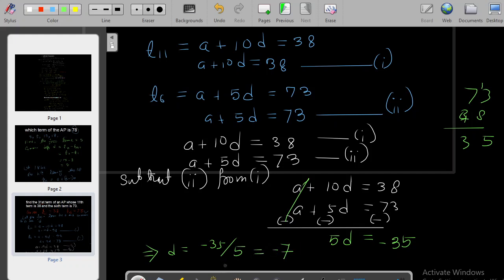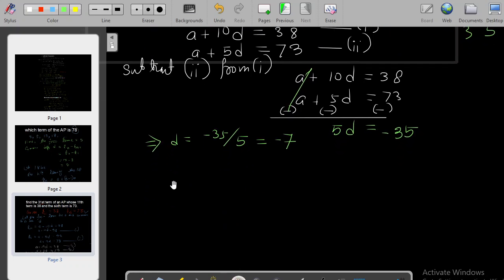So we have found the value of D. Now we find the value of A by substituting the value of D in one of the equations. A plus 10D is 38. Putting the value of D, that is minus 7, here: A plus (minus 7) into 10 equals 38.